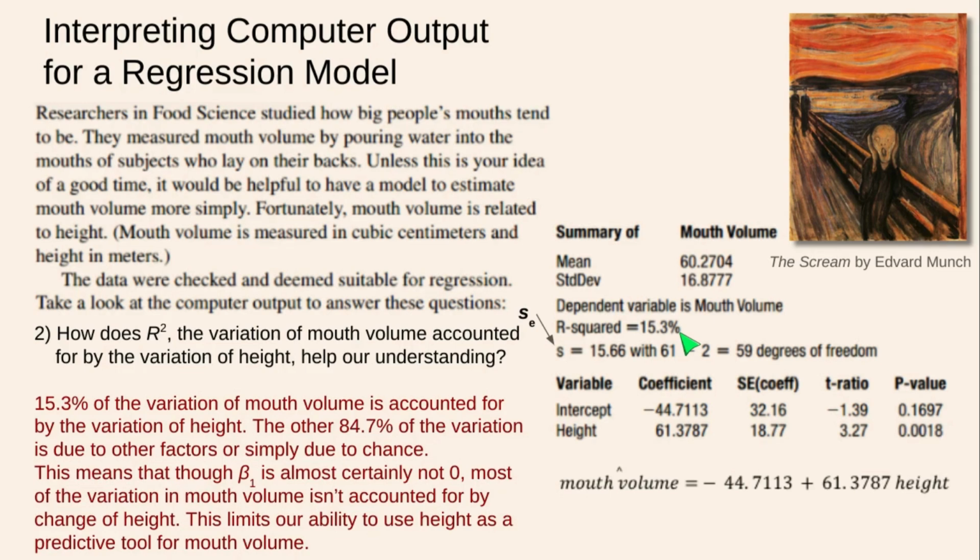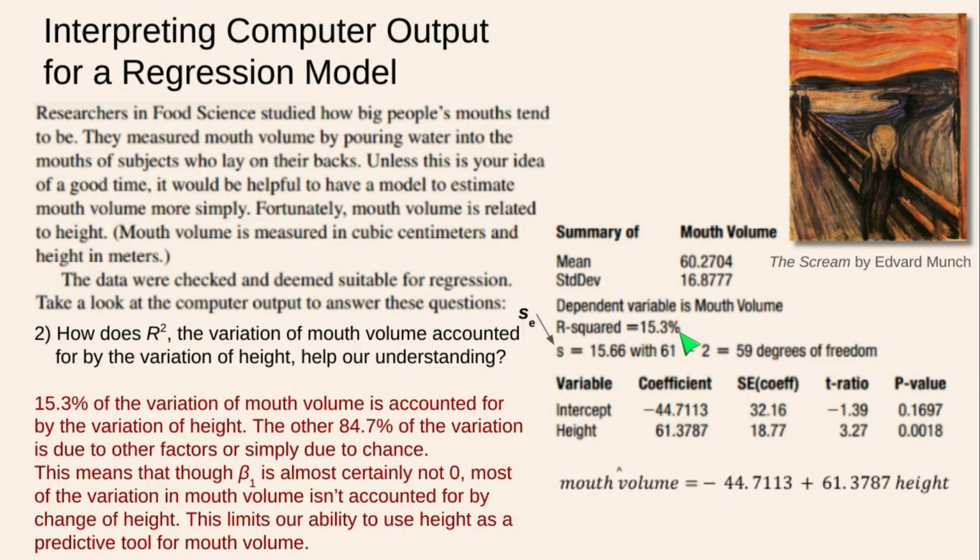Okay? So combining that with what we learned in question 1, this means that though beta 1 is almost certainly not 0, we can be almost certain that there is some kind of relationship between height and mouth volume. Most of the variation in mouth volume is not accounted for by the change of height, which should give us a little pause.